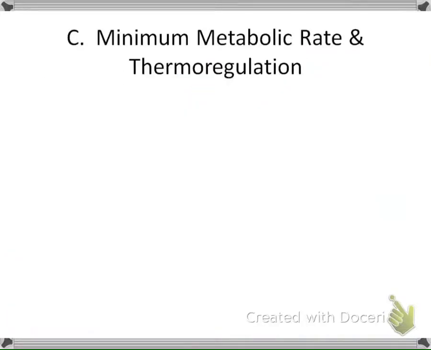Minimum metabolic rate and thermoregulation. Your basal metabolic rate is the minimum metabolic rate of a non-growing endotherm at rest that has an empty stomach and is not experiencing stress.